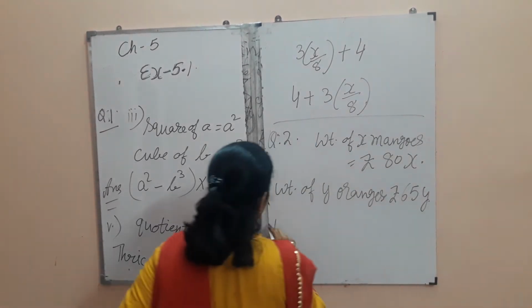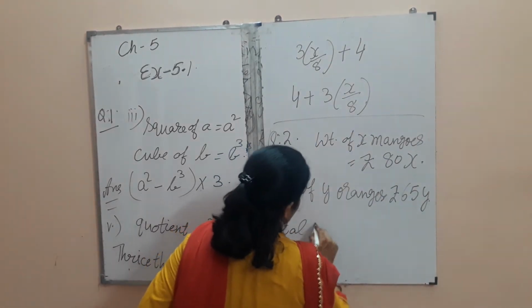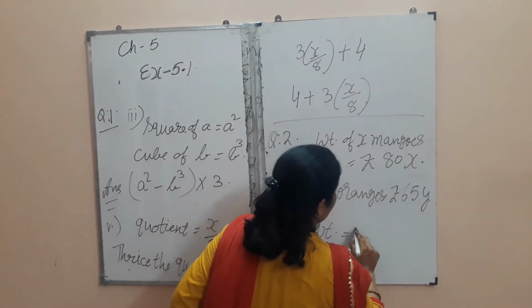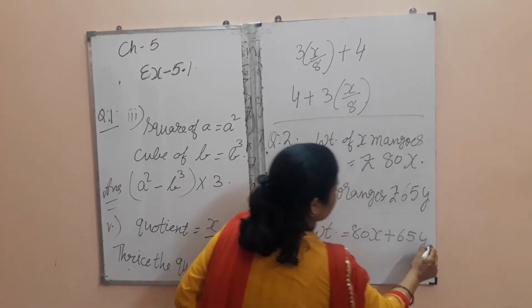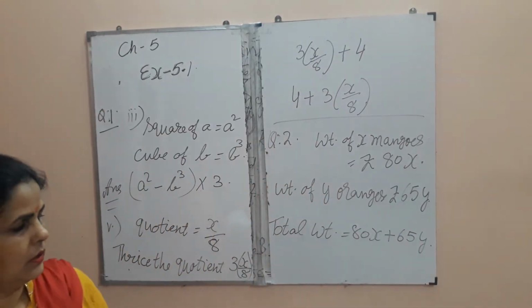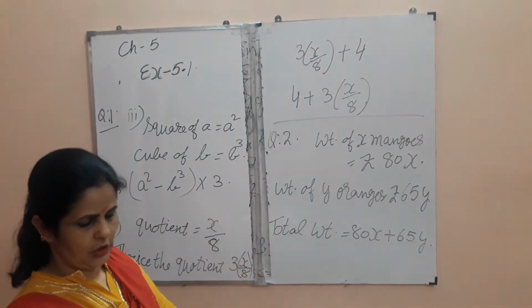So total weight will be 80x plus 65y. Understood? So this is the expression for question number 2.